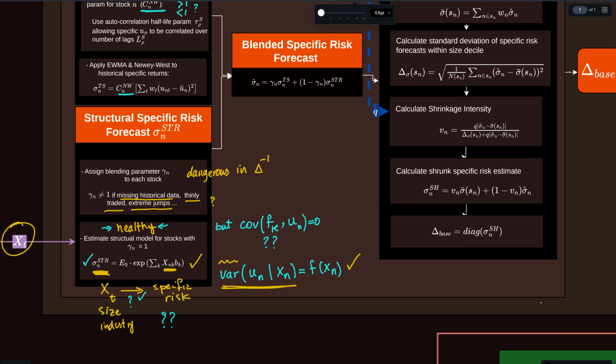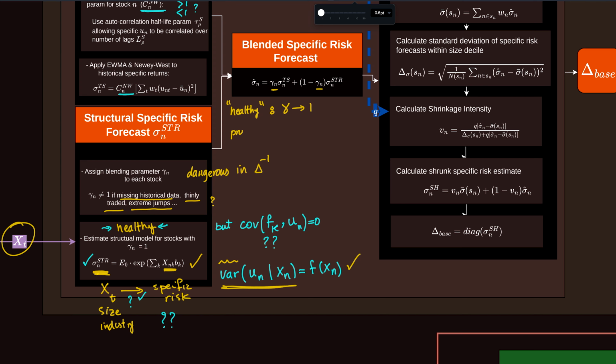And then, as you can see here, we use a data quality dial like gamma to blend the raw time series estimate with the structural forecast. So stocks with long, reliable histories lean heavily on their own observed data, so for them, gamma will be close to 1.